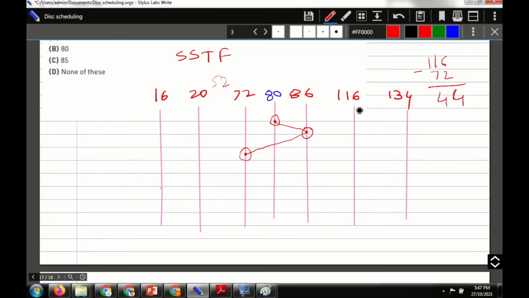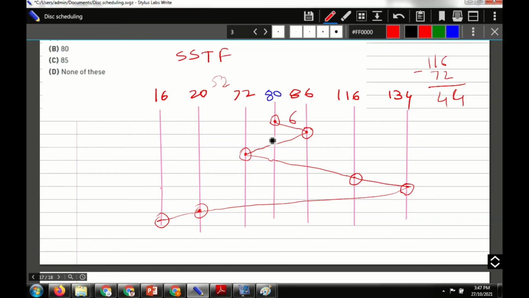This difference is 52 and this difference is 44 only, so it will prefer to go to 116. From 116, 20 is too far away, but 134 is nearest, so it will go to 134. Then we reverse the direction, go to 20, and then go to 16. In this way all the requests will be processed.